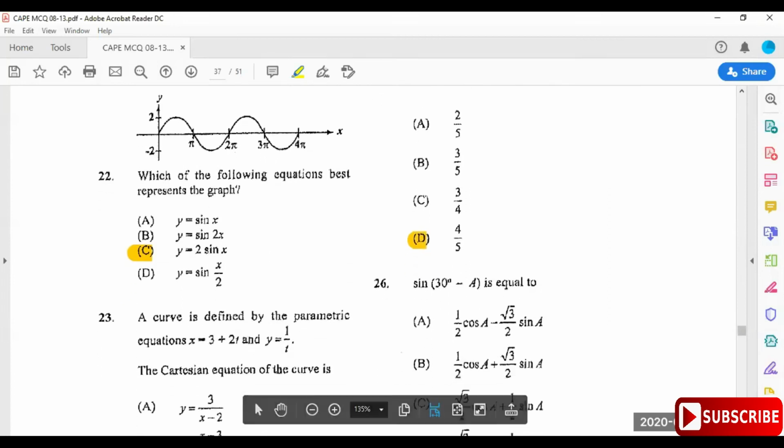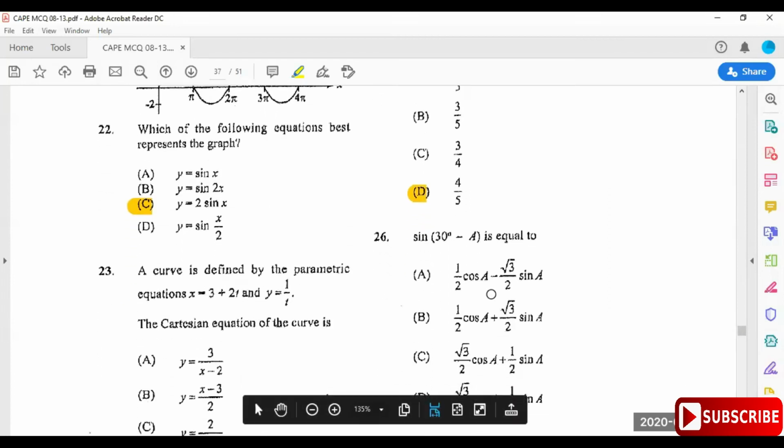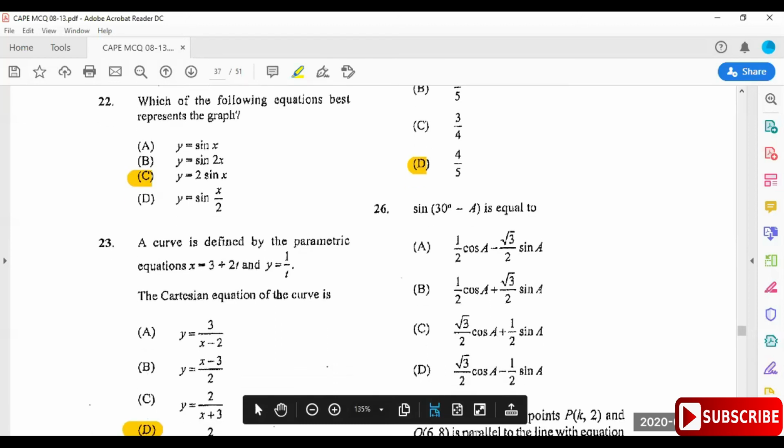Now this question, we don't need to work out these ones. Why? Once it's a minus, it can only be 2 options: A or D. Let's check it out.